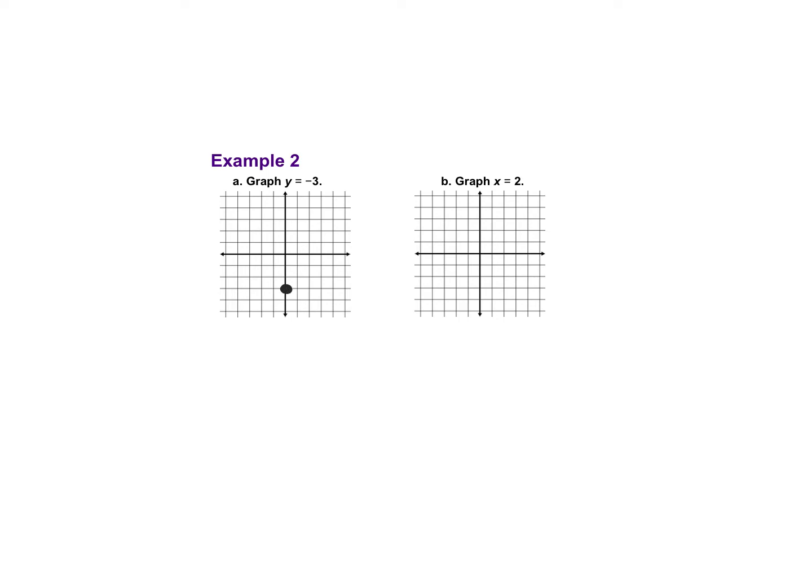Well, then you can think, where is another y value of negative 3? Well, this has a y value of negative 3, and this has a y value of negative 3. All the points on that horizontal line there have a y value that goes down to negative 3. So therefore, that's why we get a horizontal line going side to side when it's y equals a number.